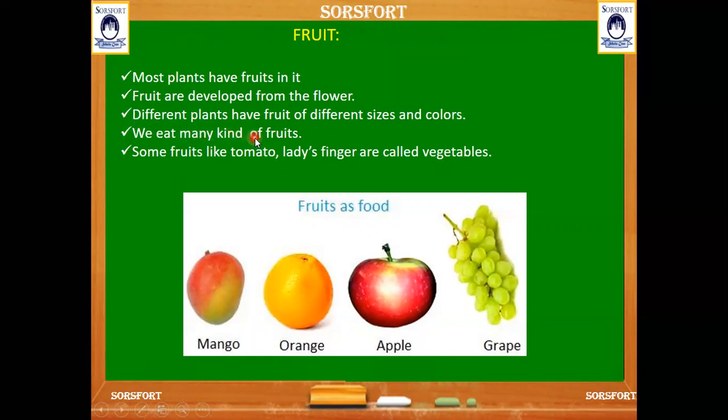We eat many kinds of fruits. Some of the fruits like tomato, lady's finger, we call as vegetables. They are the fruit part of a plant, but we call them vegetables. These are some of the fruits: mango, orange, apple, and grapes.